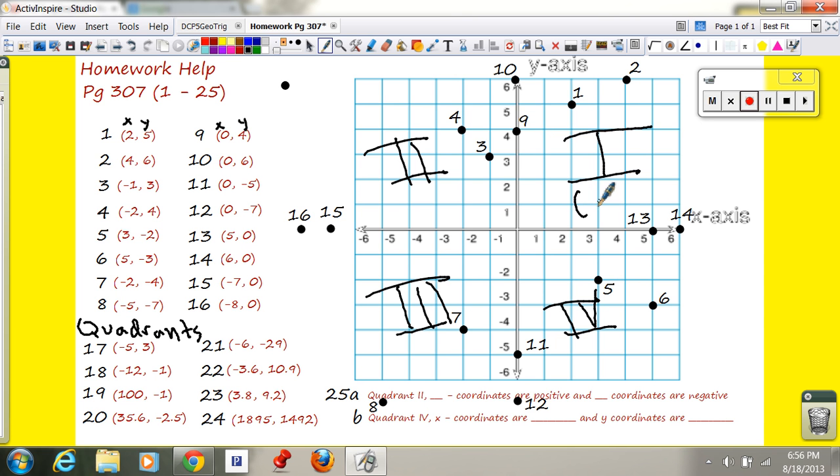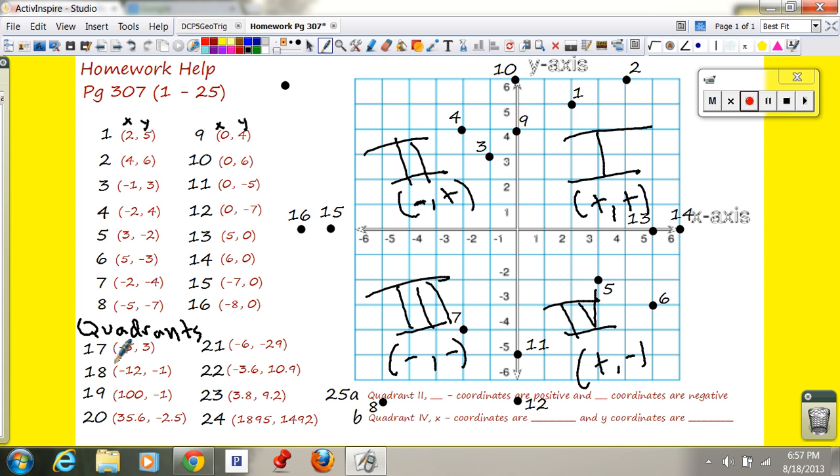To get into quadrant 1, you need two positive numbers. To get into quadrant 2, you need a negative number first and then a positive number. To get down here into quadrant 3, you need a negative and then another negative. So two negative numbers get you down into quadrant 3. For quadrant 4, you have to go over positive first, then negative. So it's a positive, then a negative.